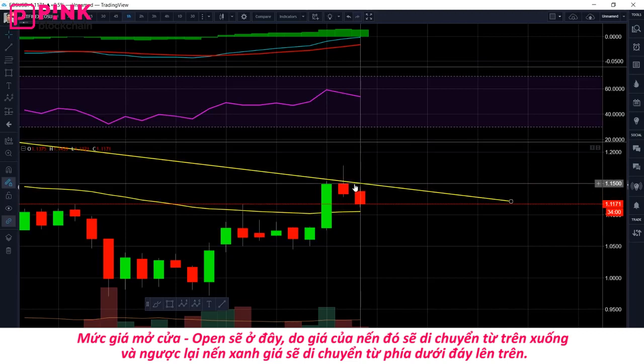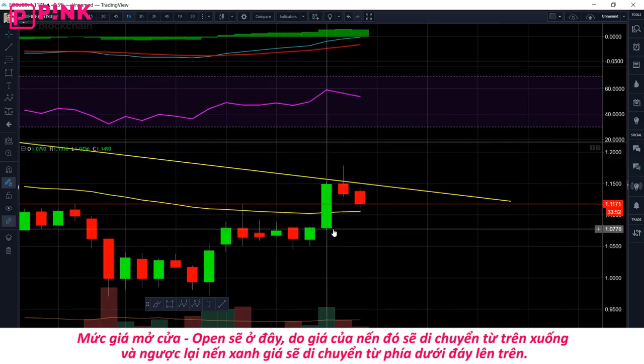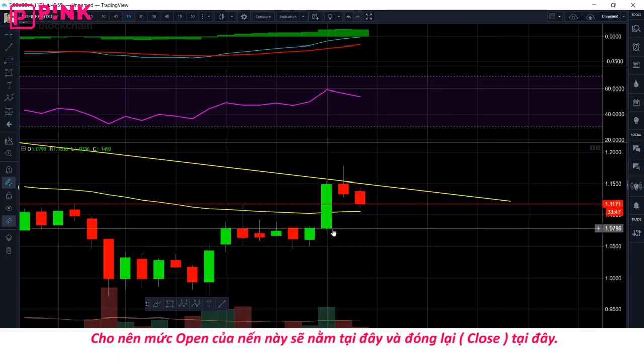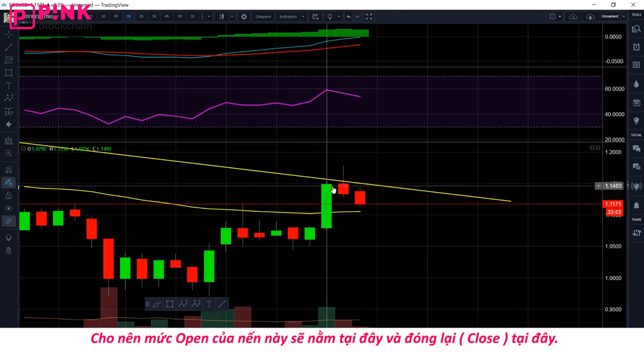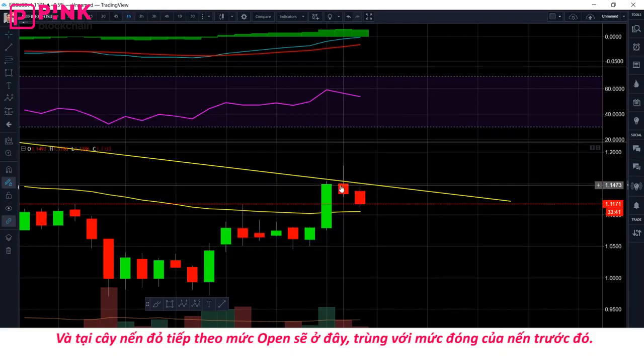So the open was right here, because the open on a red candle always goes from top to bottom, and the open on a green candle always goes from the bottom to the top. So this one right here, for example, the open would be right here and it closed right here. And then on the next candle, the open is pretty much on the same line or same price range.